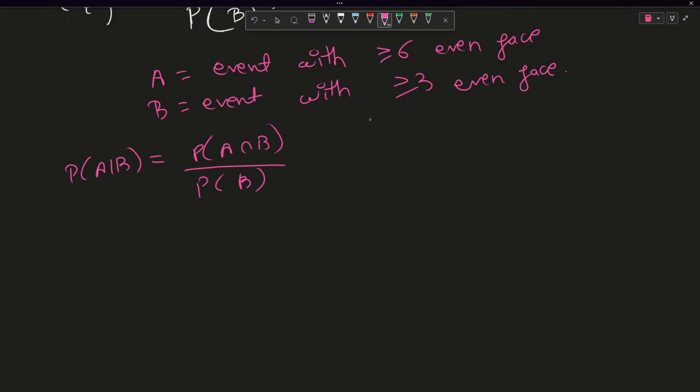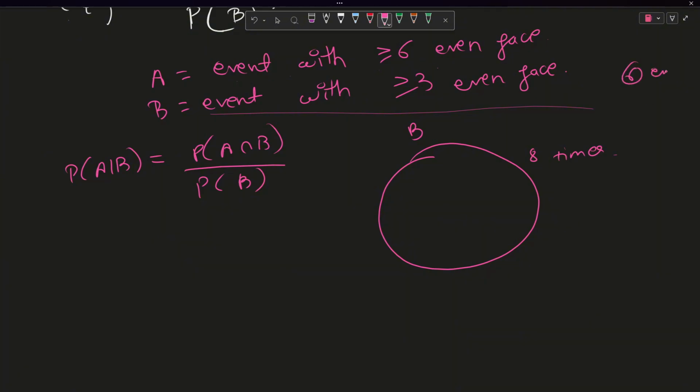But notice that for our event, we have rolled the die 8 times, right? And the event with at least 3 evens is our B. Then A is the event with at least 6 evens. If a die is rolled 6 times even, then this already includes the 3 times even case.